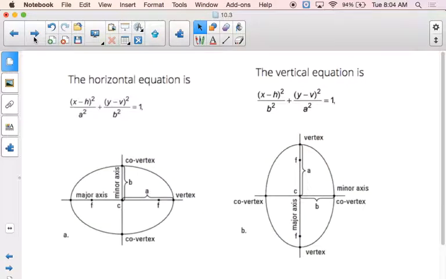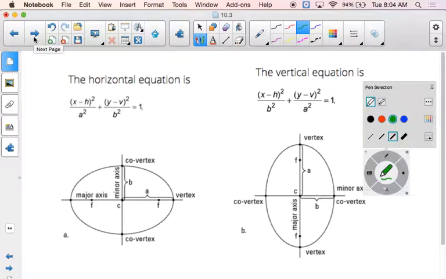All right, so the horizontal equation is very similar to your circle equation, okay? If you think about just the top part here, that's basically your circle equation.